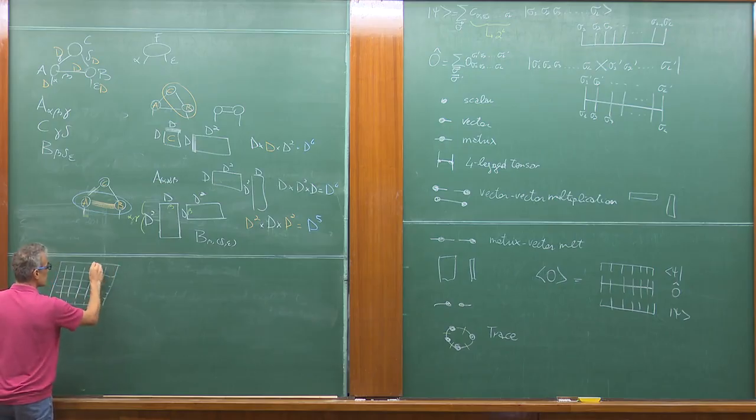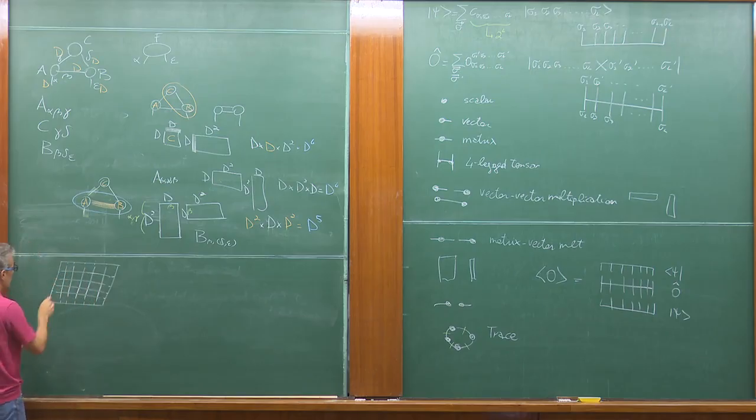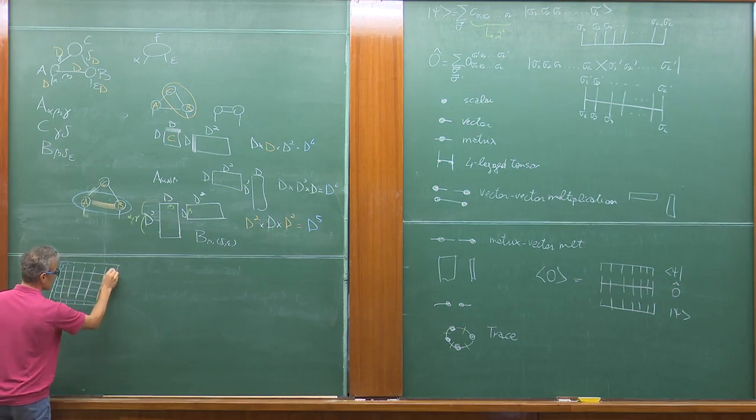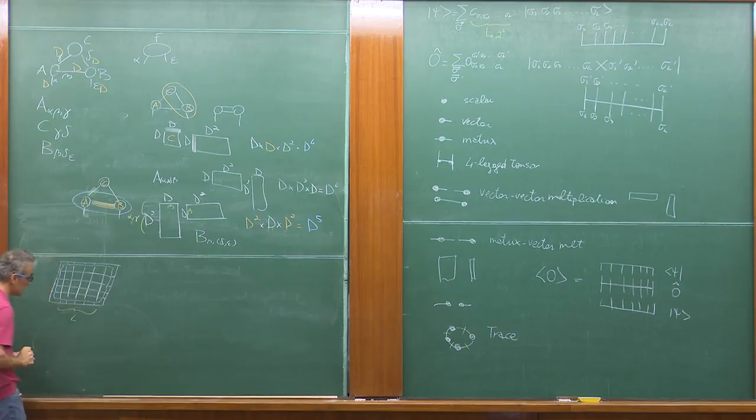I divide this 2D system basically into the inner portion and the outer portion. And let's say this length here, the number of legs here, is L. And of course I will have the physical indices coming out, because it's a state.